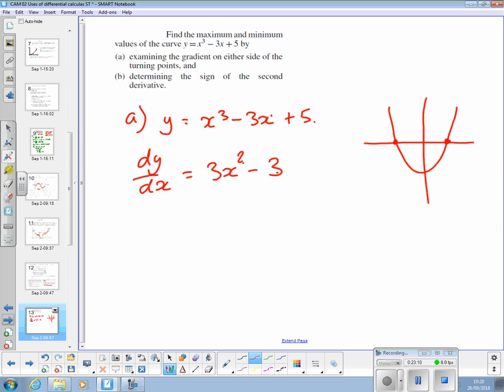What methods do you know to solve a quadratic equation? So we've got to say 3x squared minus 3 is equal to 0. Use the formula method? Can you remember the formula method?